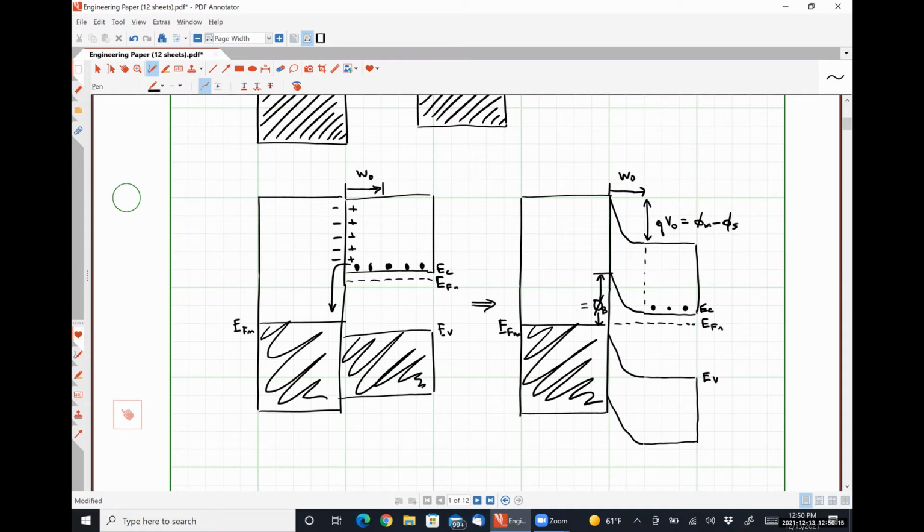Its value is phi M minus the electron affinity, and it represents a barrier that electrons in the metal must overcome to get into the conduction band of the semiconductor.